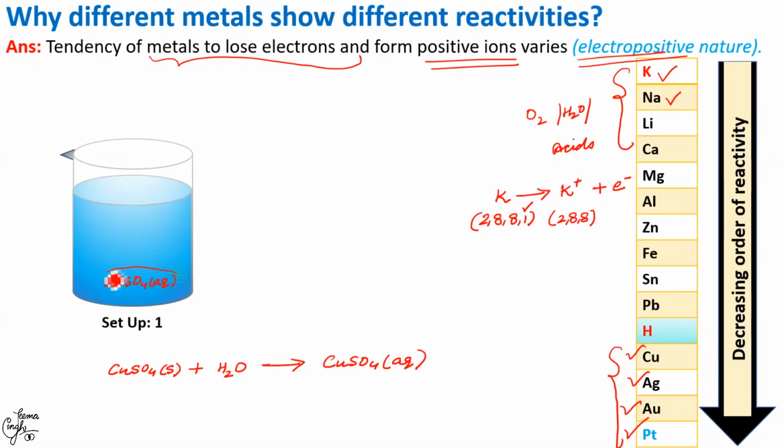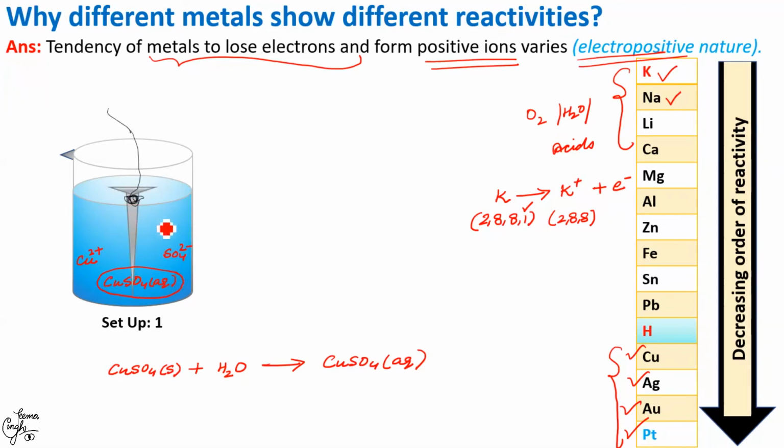Now in aqueous form, your copper sulfate solution dissociates into copper ions, positively charged copper ions, cations, and negatively charged sulfate ions, known as sulfate anions. I'm only showing one copper ion and one sulfate ion for the sake of clarity. Otherwise, there are going to be millions of cupric ions and sulfate ions in the solution of copper sulfate.